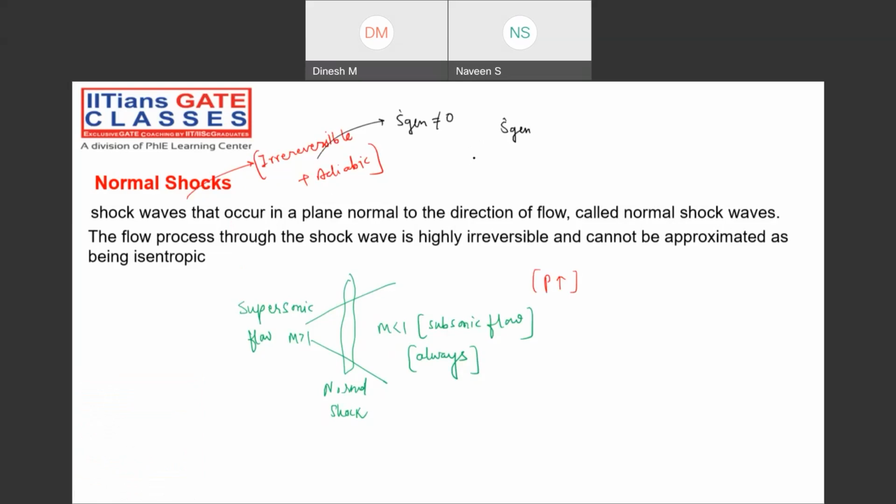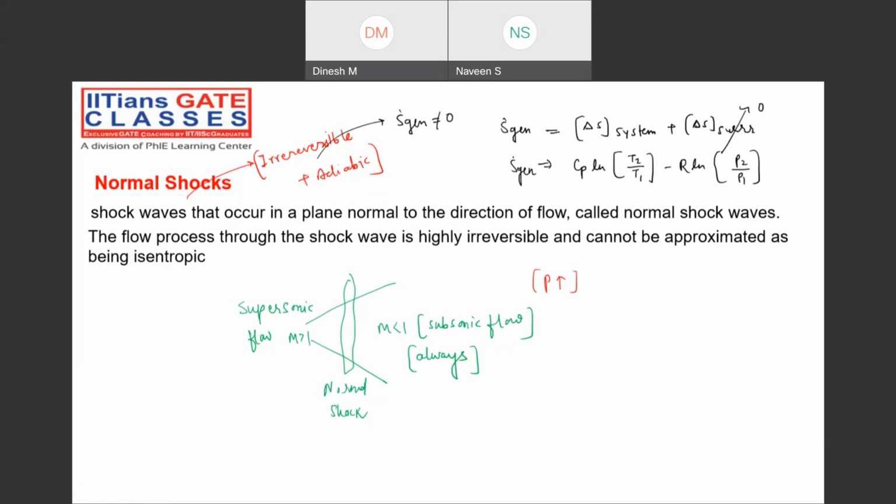Or you can take the closed system, delta S of the system plus delta S of the surrounding. For the surrounding it is zero because there is no heat transfer happening. So what is delta S of the system? Cp ln T2 by T1 minus R ln P2 by P1. Understanding or not? Yes or no, guys? Perfect.